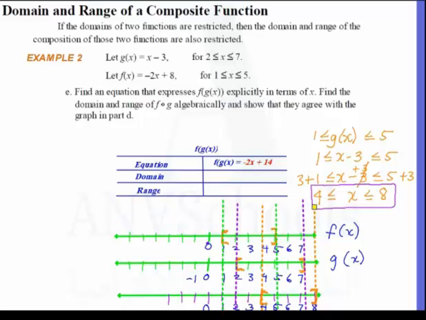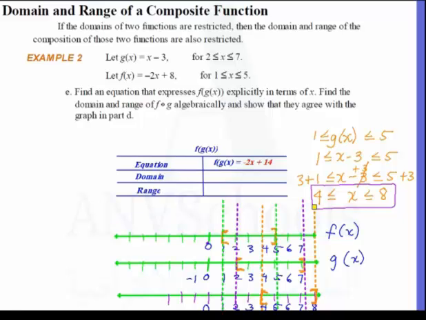So our domain is the intersection of g of x and also our f of g of x. Therefore, this is one thing that you should really consider, okay?